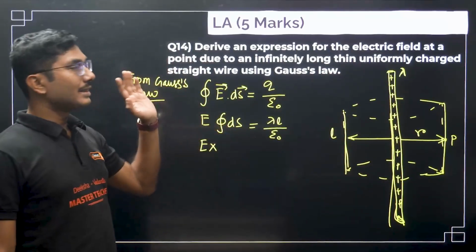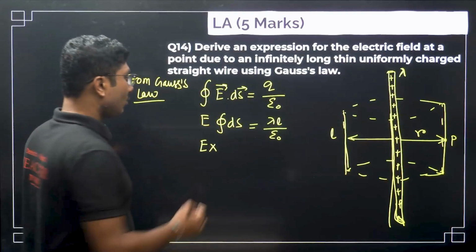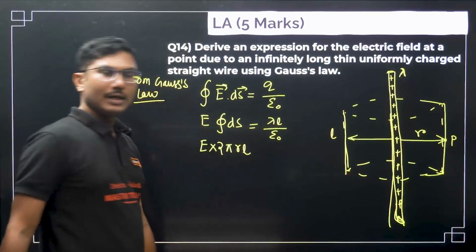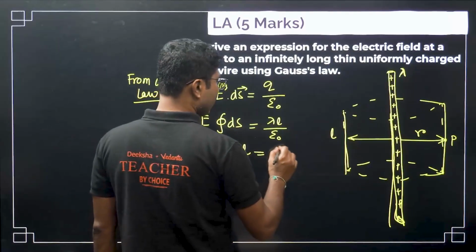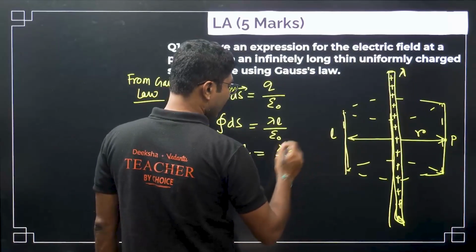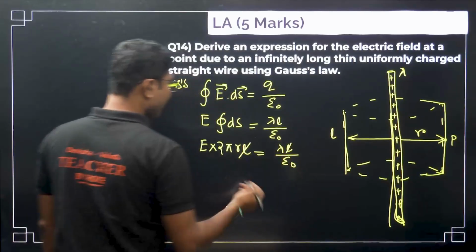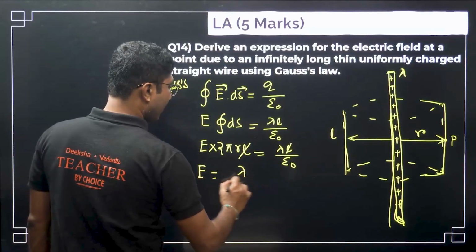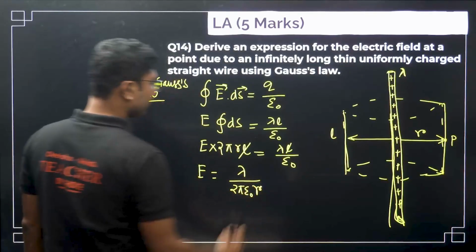What is the area of the curved surface of a cylinder? 2 pi r l, right? So E times 2 pi r l equals lambda l divided by epsilon naught. Now l cancels, so from this we get E equals lambda by 2 pi epsilon naught r.